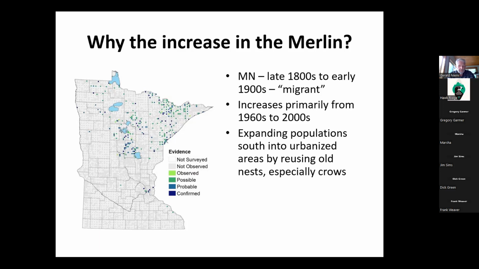On the left-hand side is a map of the Minnesota Breeding Bird Atlas, showing how that species has really increased all the way down into the Twin Cities area and into southeastern Minnesota as well, and a substantial spread across the northern portions of the state.